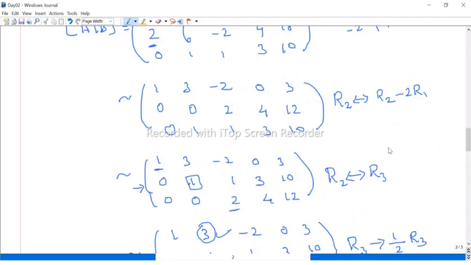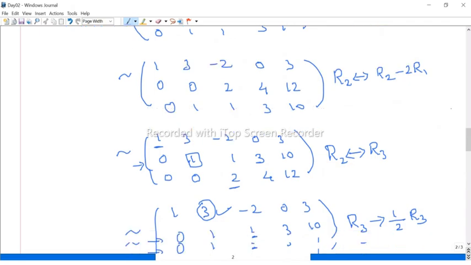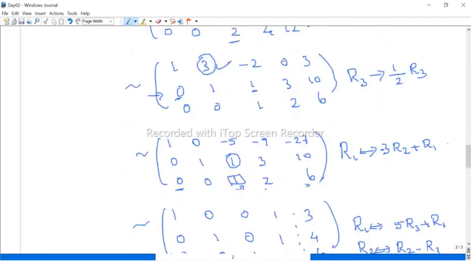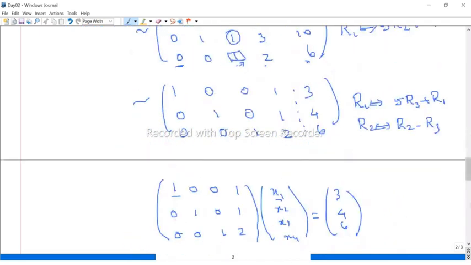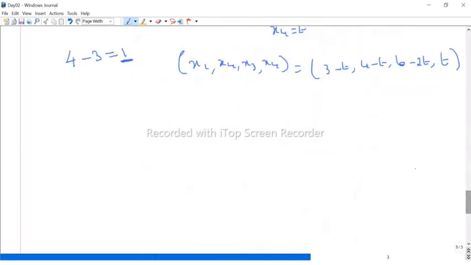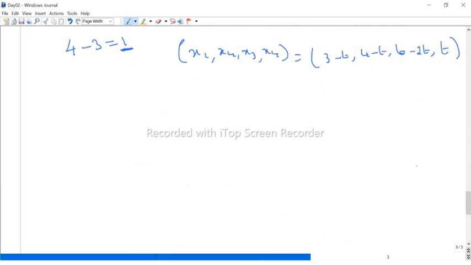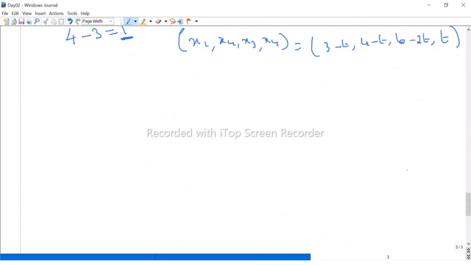Okay. Now, I already said that if the right hand side is 0, then we say the system is a homogeneous system. In a homogeneous system, if the number of unknowns is more than the number of equations, then it has infinitely many solutions. Suppose we consider the matrix equation Ax equal to 0.